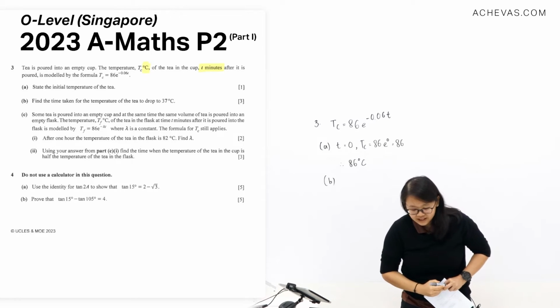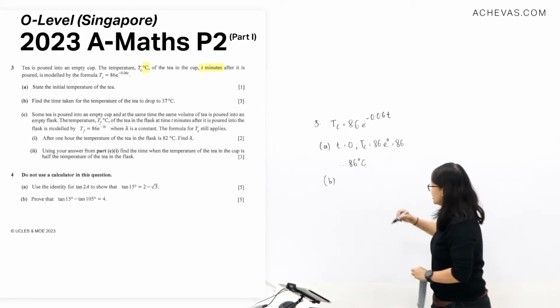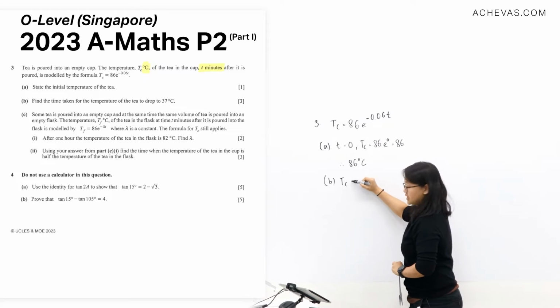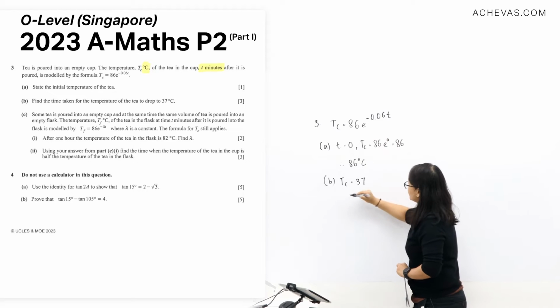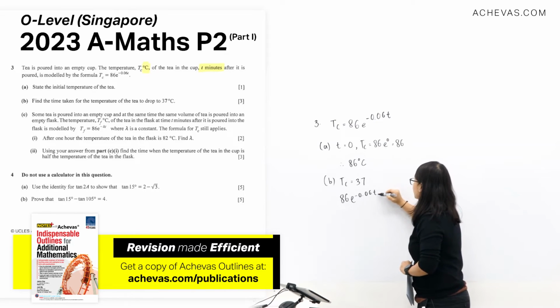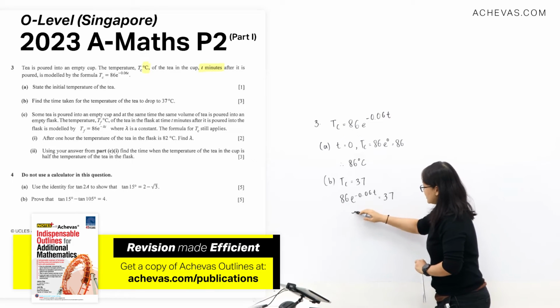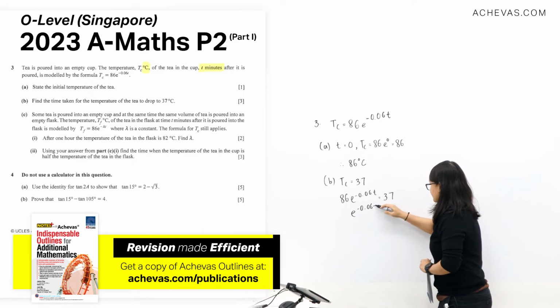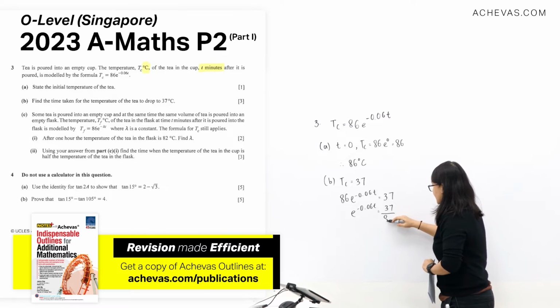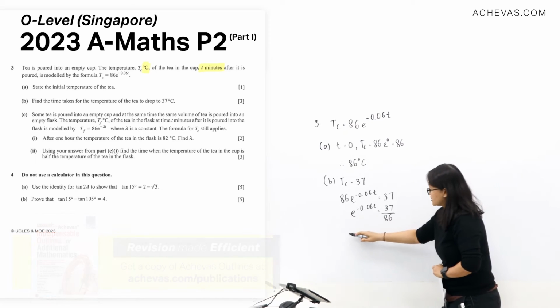Part B, find the time taken for the temperature of the tea to drop to 37 degrees Celsius. So we are going to set Tc equals 37. Let's pull this one down here to work it out. 86 e to the power negative 0.06 t equals 37. We'll divide 86 on both sides, so I'll be getting 37 over 86. Next, we're going to deal with e, so take ln on both sides.